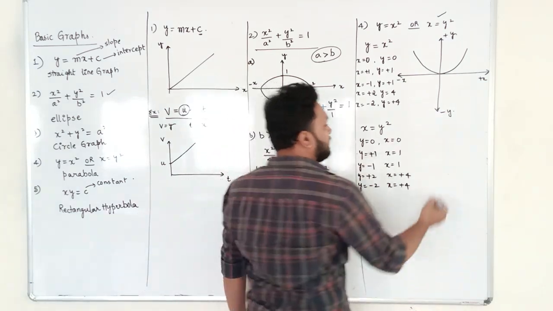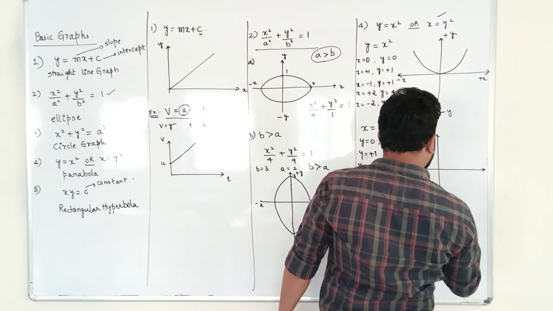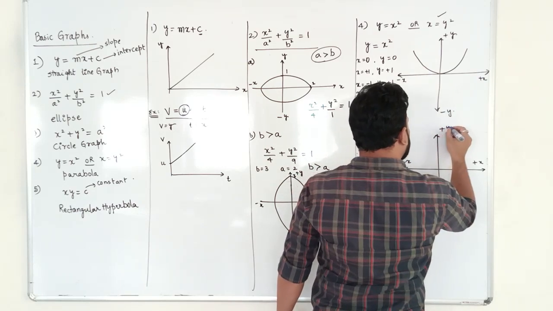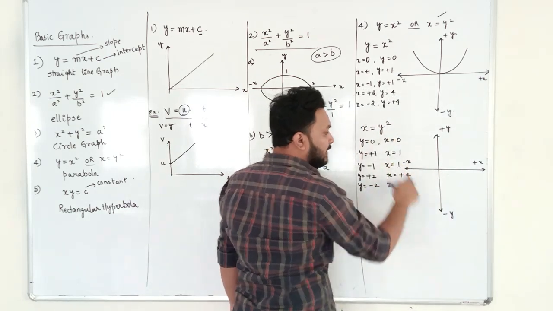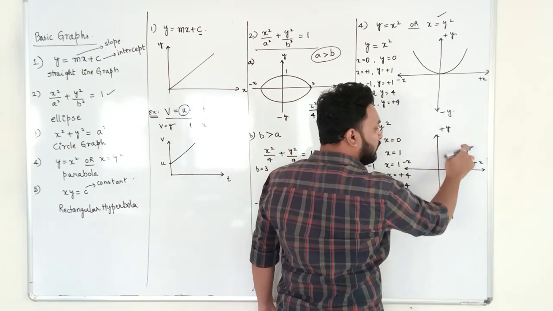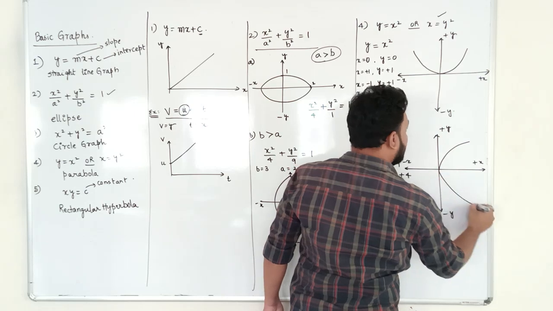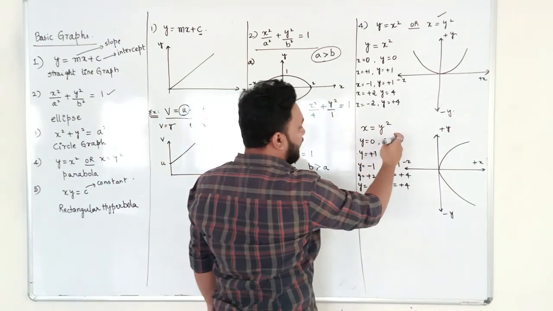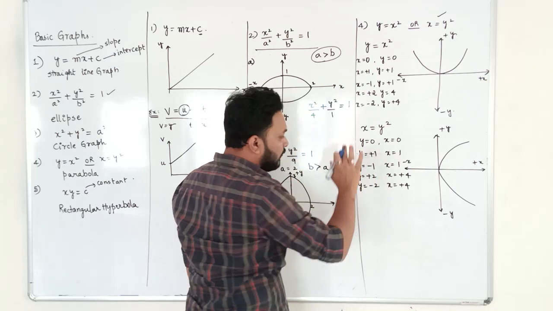So now if we consider the graph like this, this is plus x, this is minus x, this is plus y, this is minus y. X is always positive, no? Right? That means we need to understand y may be positive or negative, so it becomes like this. X equal to y square, x is always a positive value, y may be positive or negative.